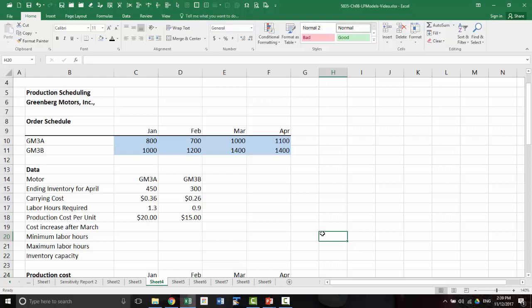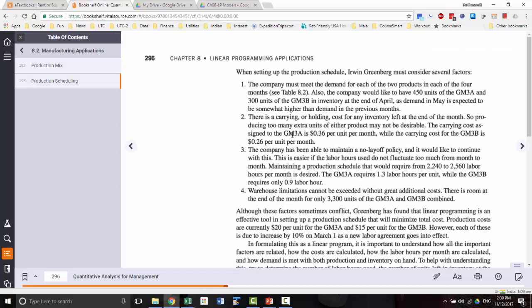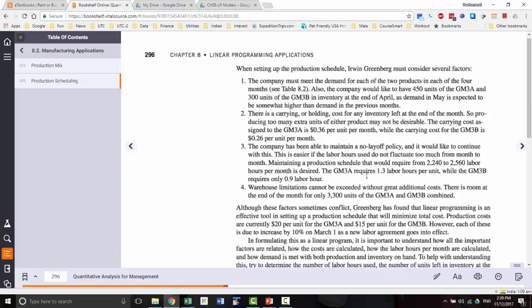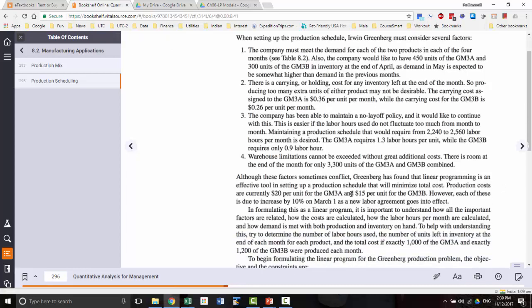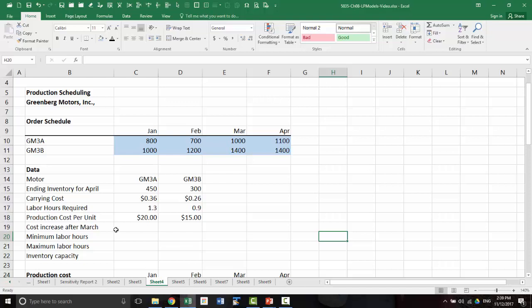Cost increase after March. The production costs are currently $20 and $15. However, each of these is due to increase by 10% in March as a new labor agreement goes into effect. So cost increase after March is for both products, so that's 10%. Let's make that into a percentage.